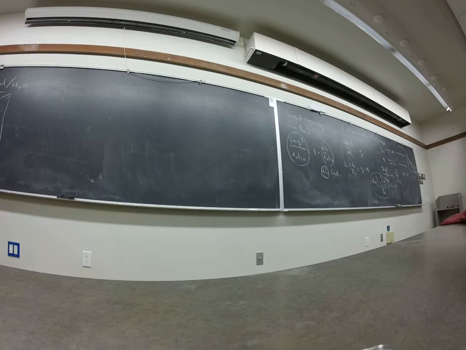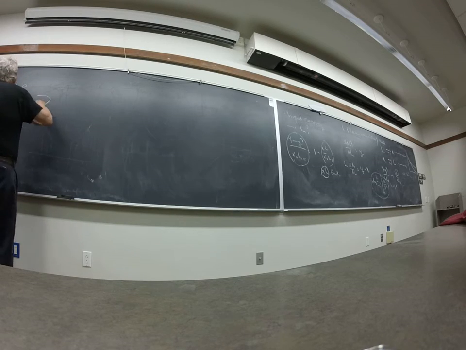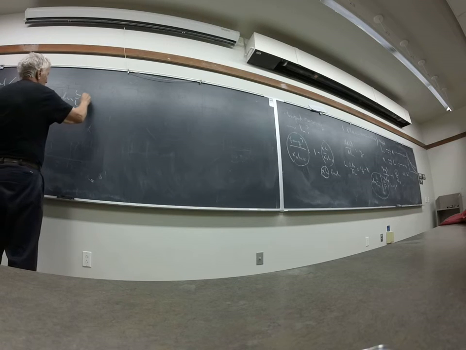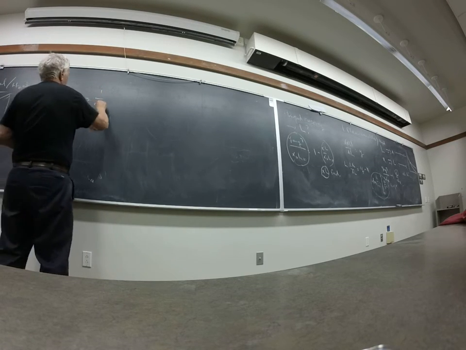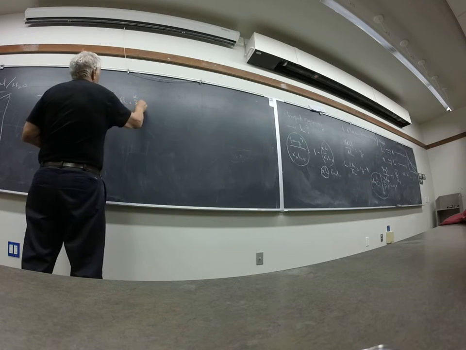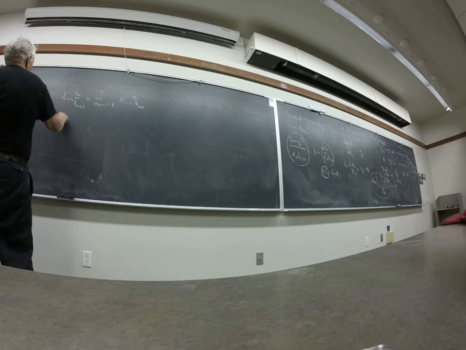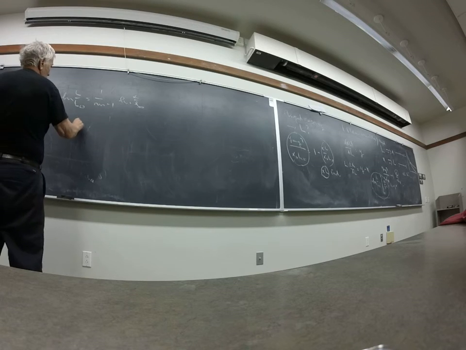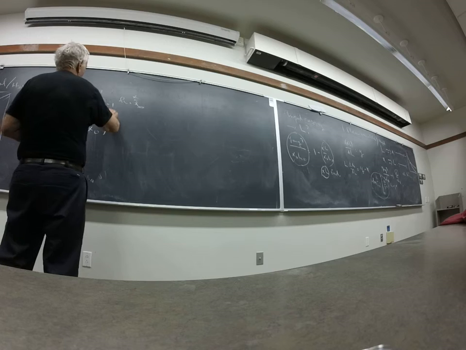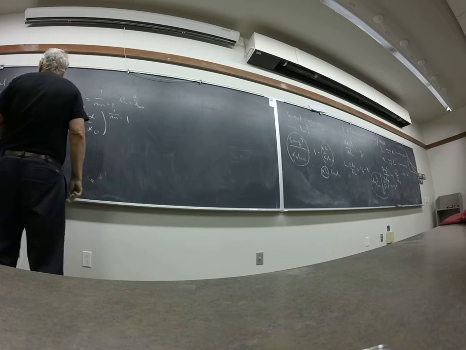If I write y equals mx, I obtain a formula like this: log L over L0 equals 1 over m minus 1 times log x over x0, or L over L0 equals x over x0 to the power 1 over m minus 1.